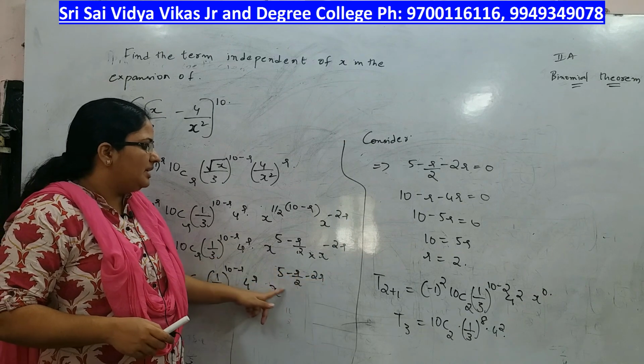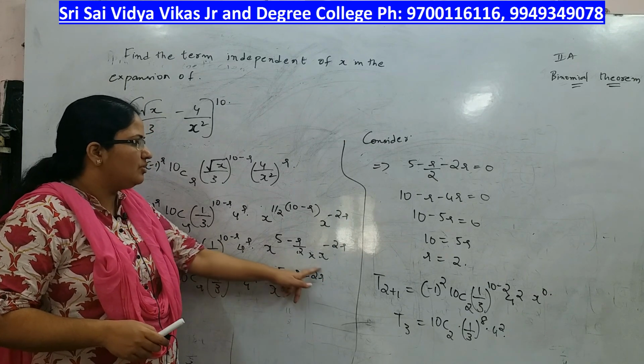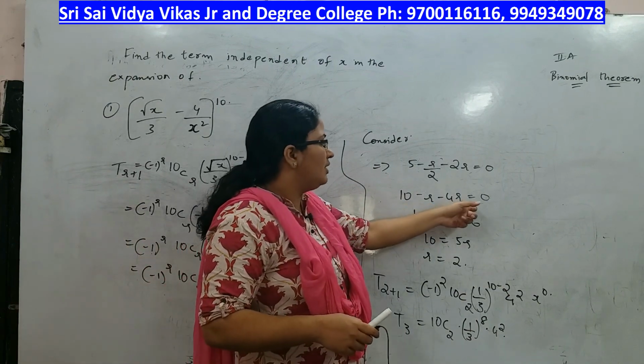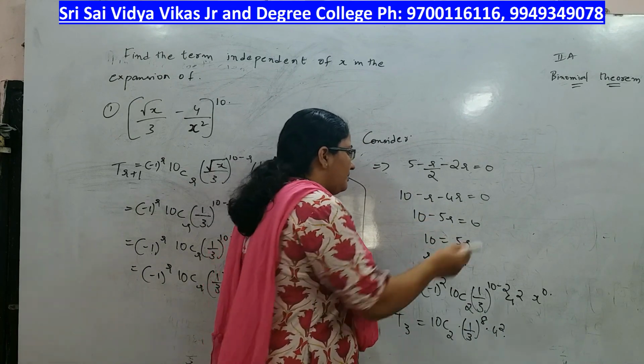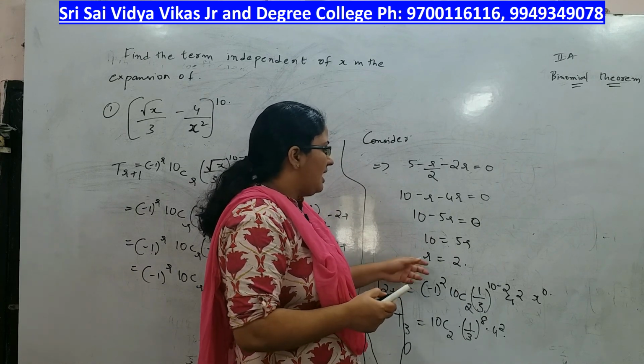But for the independent term, the power of x should be 0. So we will equate this to 0. We get 10 - r - 4r = 0, so 10 - 5r = 0. 10 = 5r, r = 2.